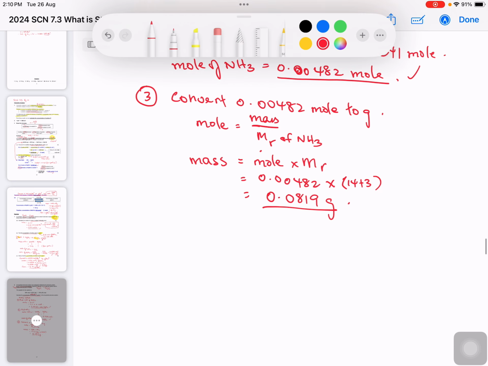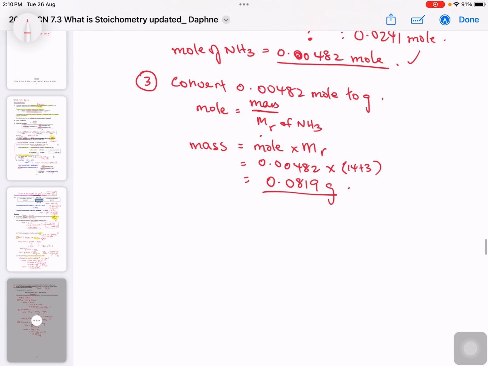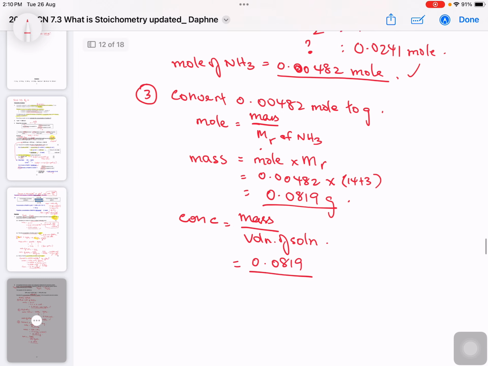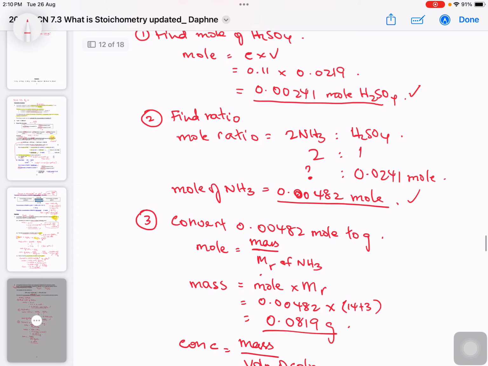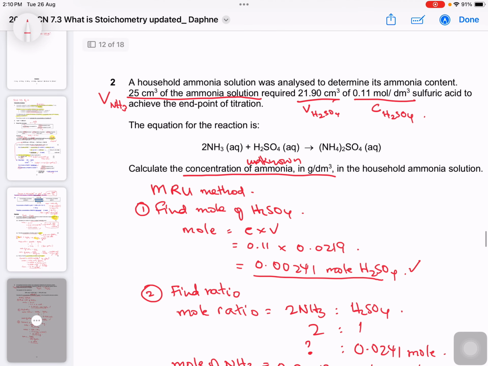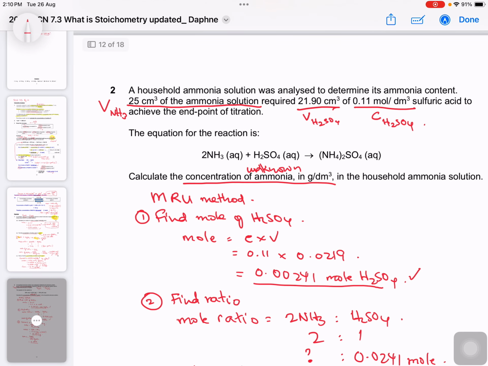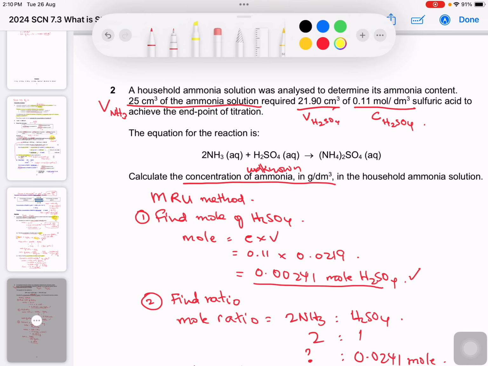We have to convert the mass to concentration. So concentration will be equals to mass over volume of solution. Mass is 0.0819. What's our volume of solution? Let's go up. This is for ammonia. So ammonia, what do we have? For ammonia, we have the volume is 25.